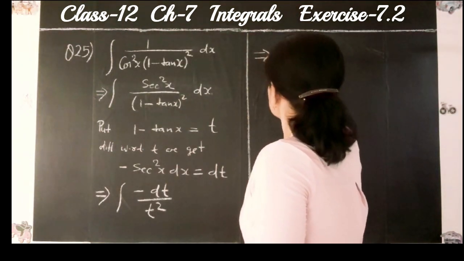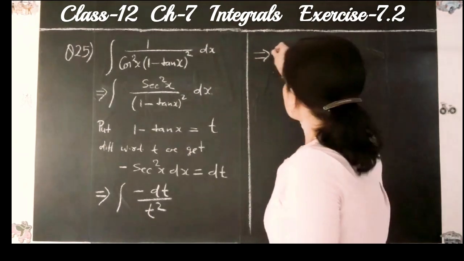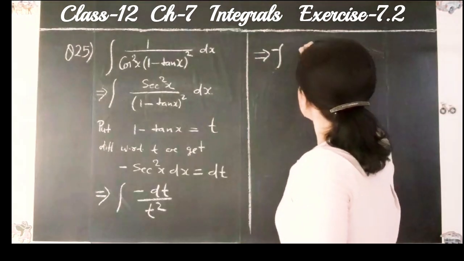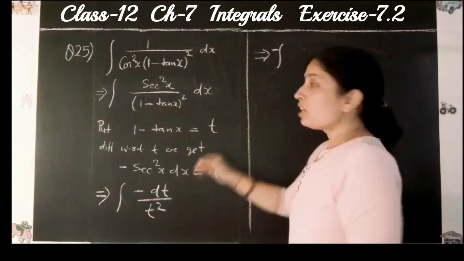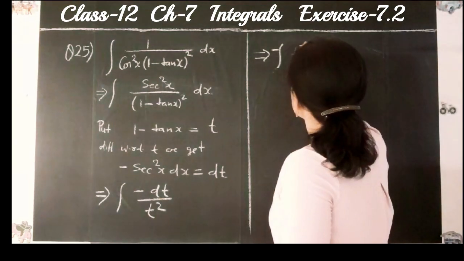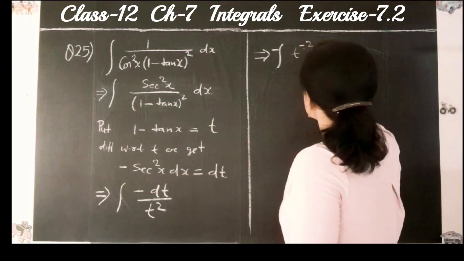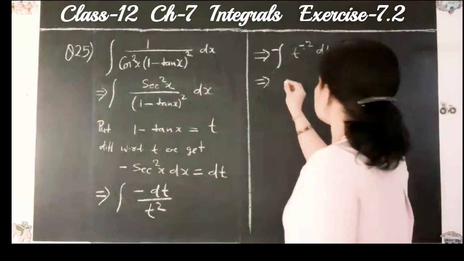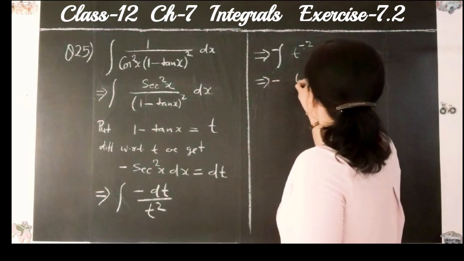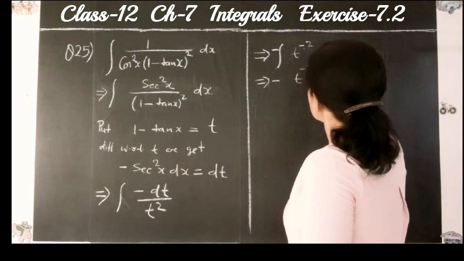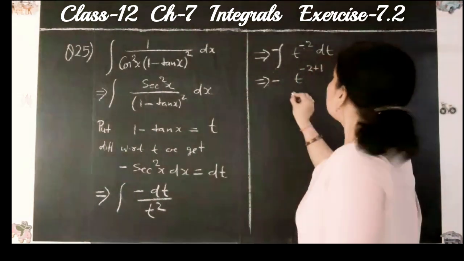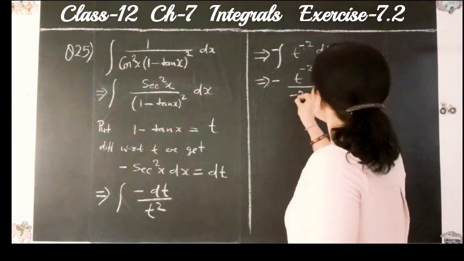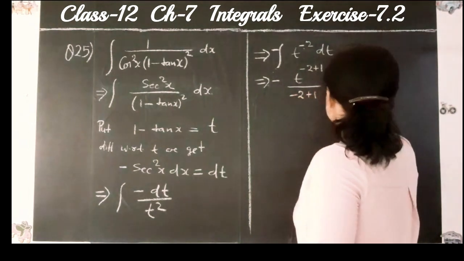Now write this, take minus outside, so it will be, here it is 1 by t square, so we can write t to the power minus 2 dt. Now this one is in form of x to the power n, so integrate it, it will be t to the power n plus 1 divided by n plus 1. So minus 2 plus 1 and write a constant c.